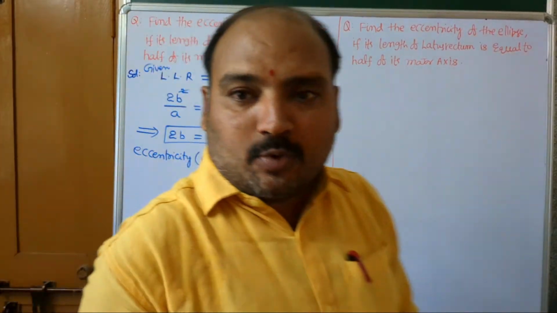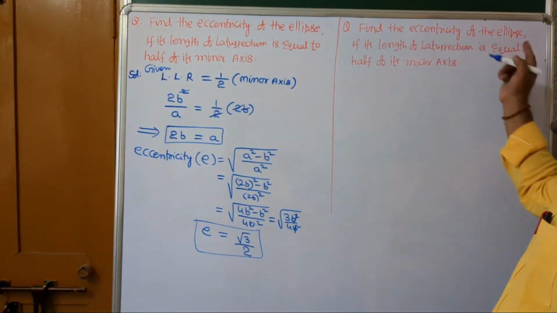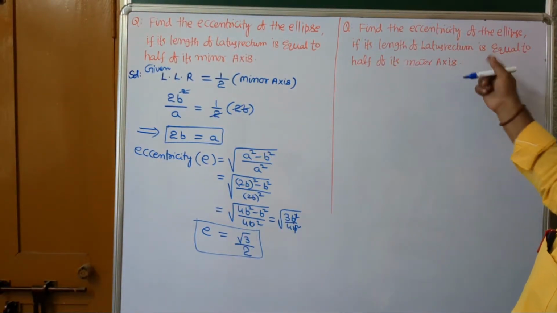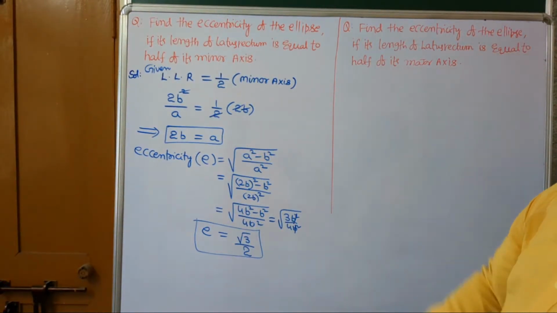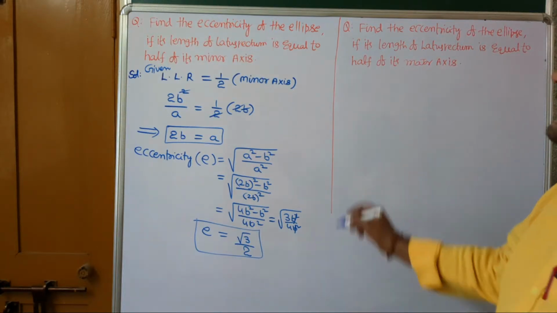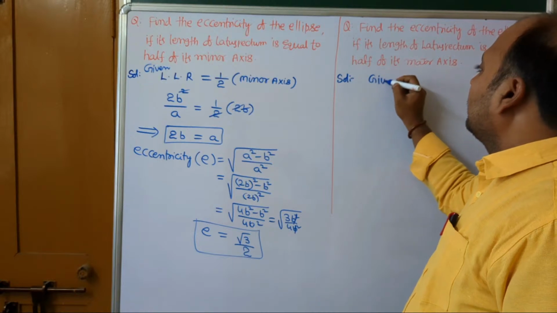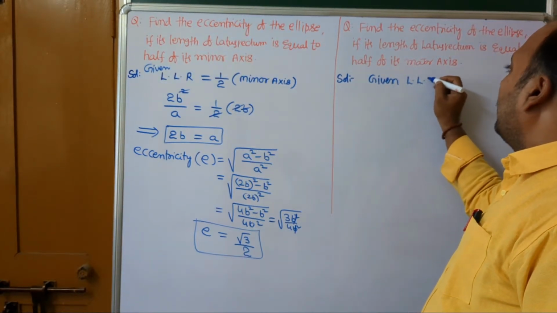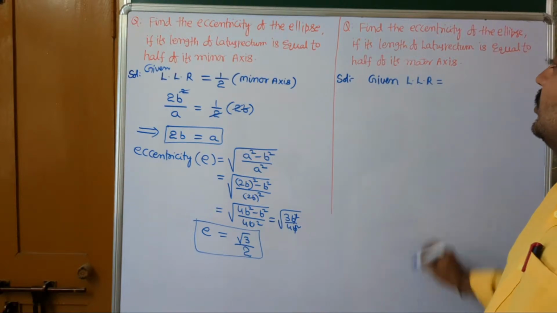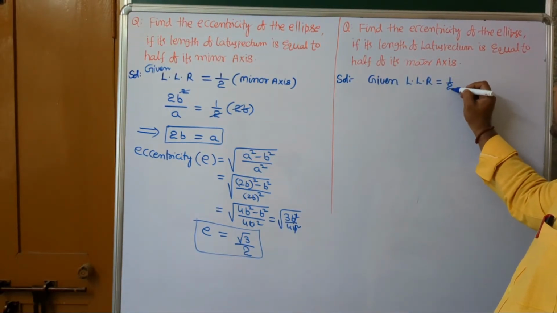Similarly, the same type of question. Find the eccentricity of the ellipse if its length of latus rectum is equal to half of its major axis. In the solution step, given: length of latus rectum equal to half of its major axis.